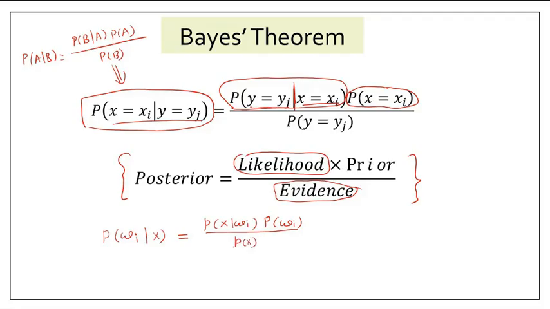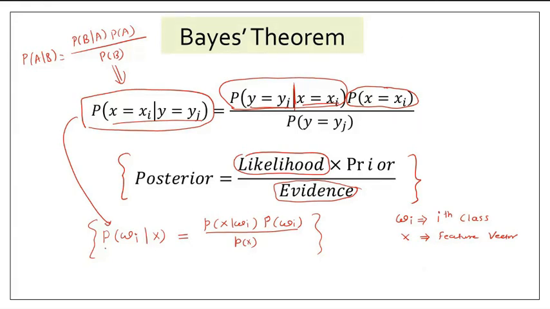Okay, so this is the same equation. If you see Duda's book, it will be there maybe on the third or fourth page itself. So now here omega i stands for the ith class. The capital X stands for feature vector.